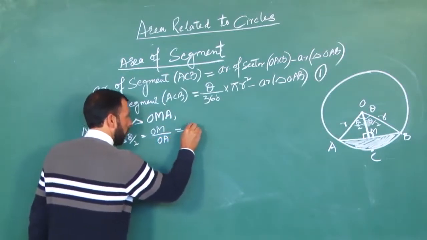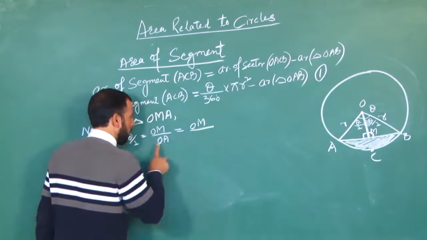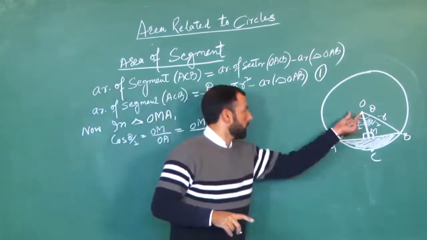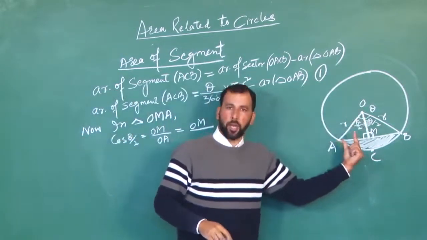That equals OM divided by OA. Clearly, on observing the figure, OA is equal to the radius of the circle.